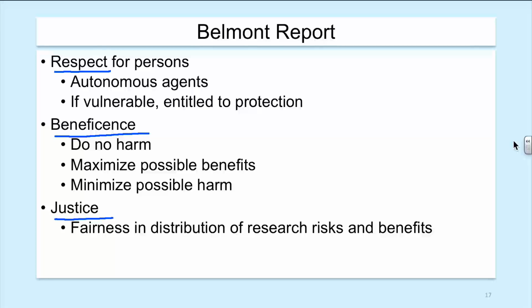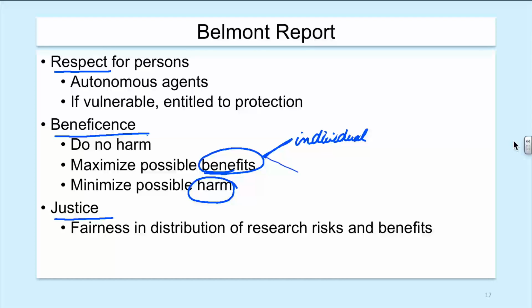From a beneficence standpoint, we do not want to cause any harm to our research subjects. So we want to maximize the possible benefits and minimize the possible harm. Now, the benefits could accrue to the individual themselves. So for instance, in the muscular dystrophy trials, we would want to make sure that the children are receiving the benefits of the research, if there are benefits to be accrued.